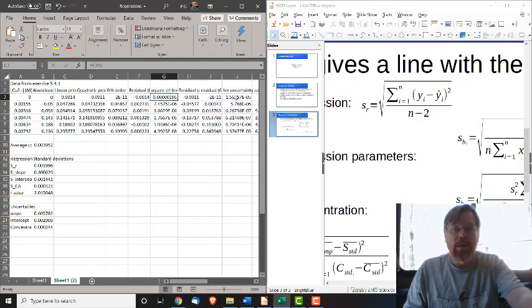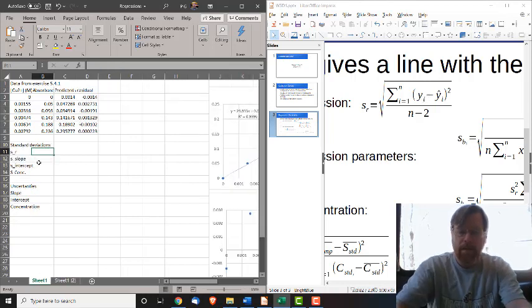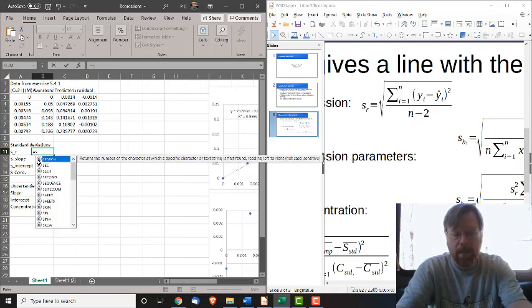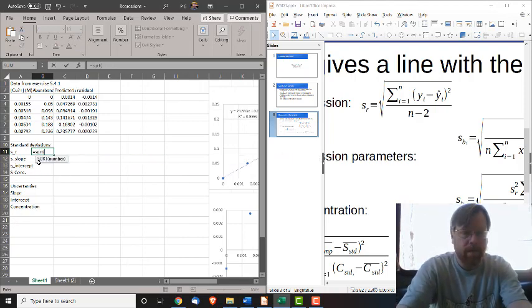Okay, that is this column right here. One of the extra columns I added was to do that calculation individually so I could add it up. So I verified that it does work this way.